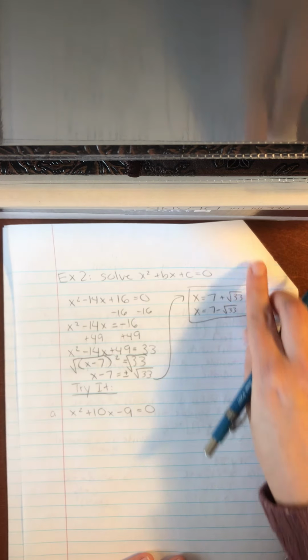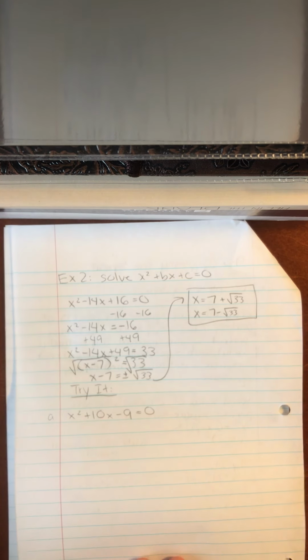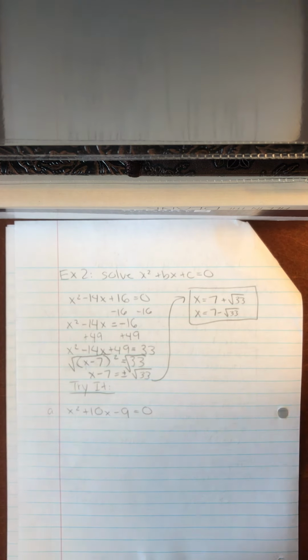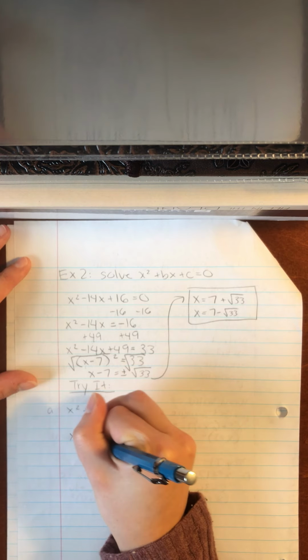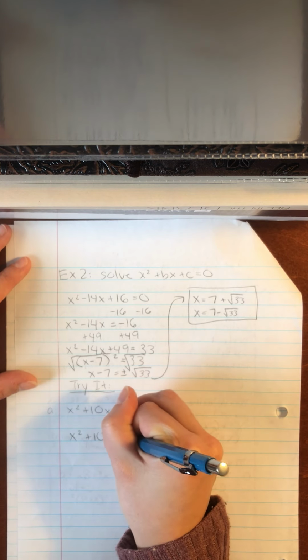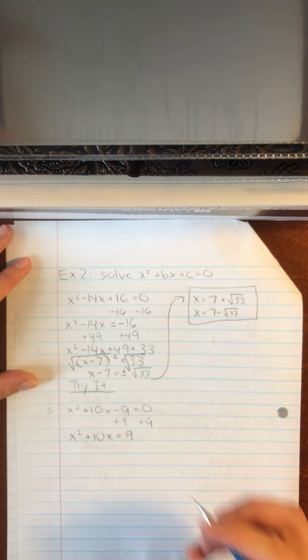Do the next one on your own. Okay, so we are going to move over our constant term. Add 9, add 9. x squared plus 10x equals 9.